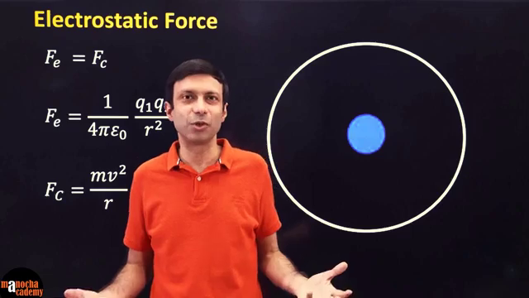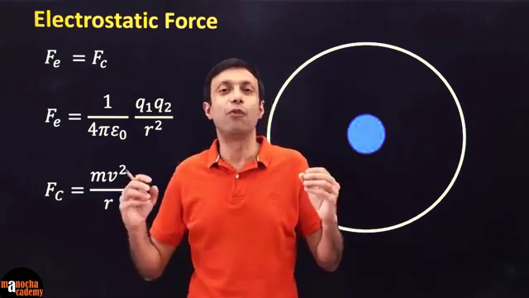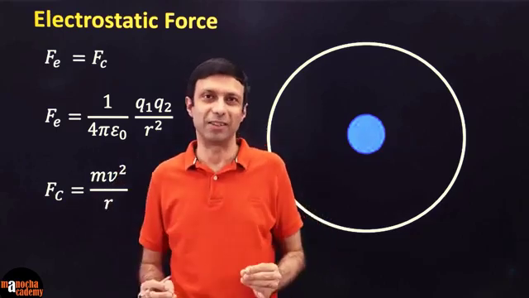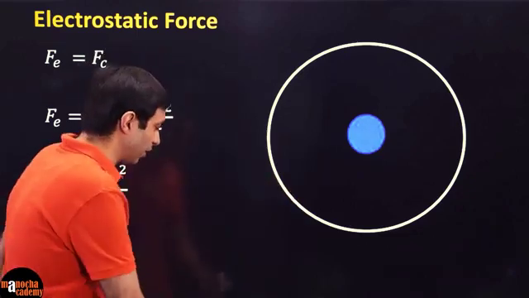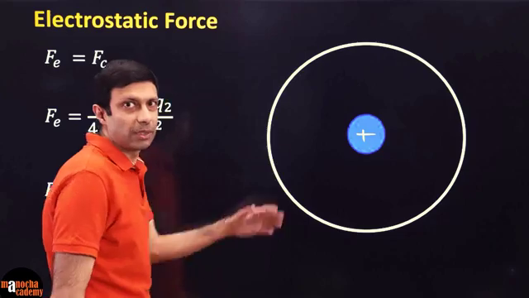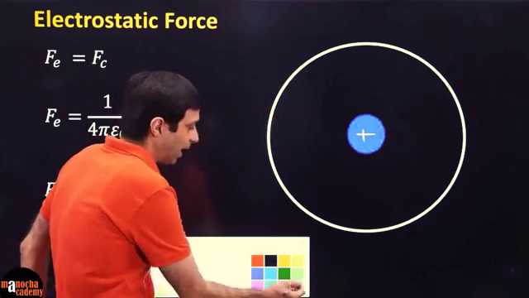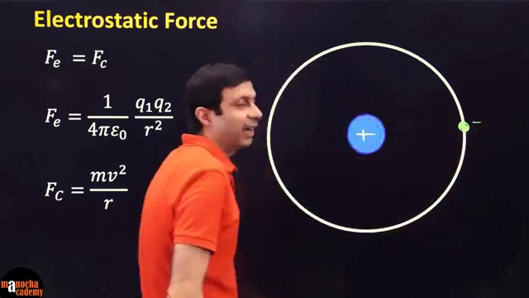What is electrostatic force? You must have studied this in physics. Electrostatic force is the force between two charged particles. Now, who are the charged particles here? In the atom, we know that the nucleus is positively charged. So there's a positively charged nucleus. And then you have the electron, which is negatively charged.